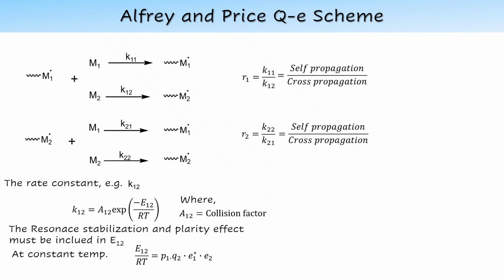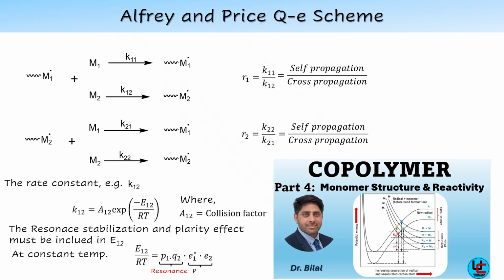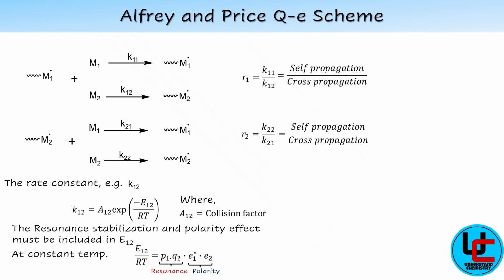Second, the polar effect. This is the electrostatic interaction between the charge characters of the radical E1 star and the monomer E2. I have explained both of these properties in detail in my previous video. So at constant temperature, we can write E12 over RT as shown here.